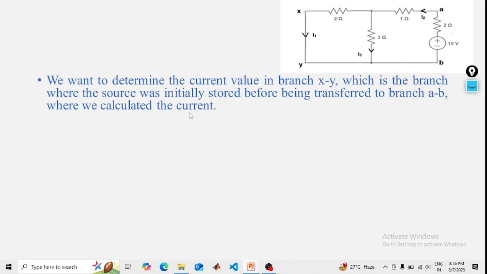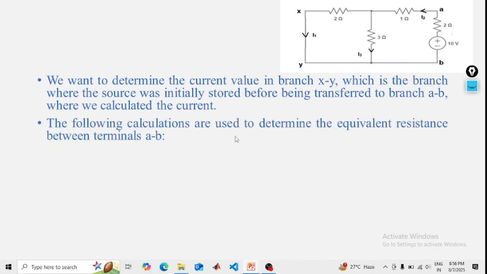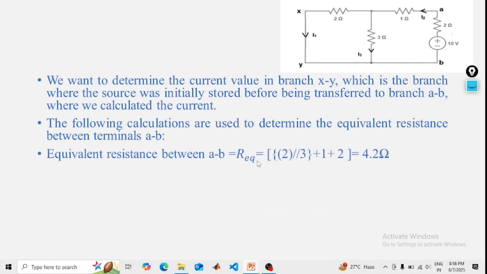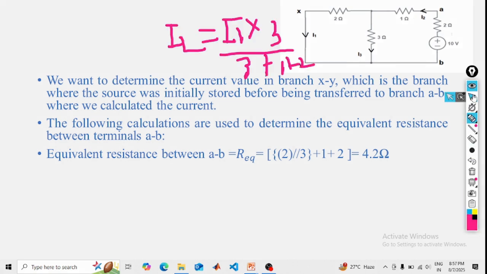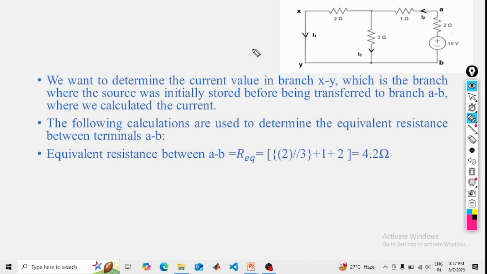Now we determine the equivalent resistance. You can see 2 and 3 are both in parallel, after that in series. Because the source is here, 2 and 1 carry different currents, so it is parallel, and after that 1 plus 2 is in series. So it is 4.2 ohm. Clear?